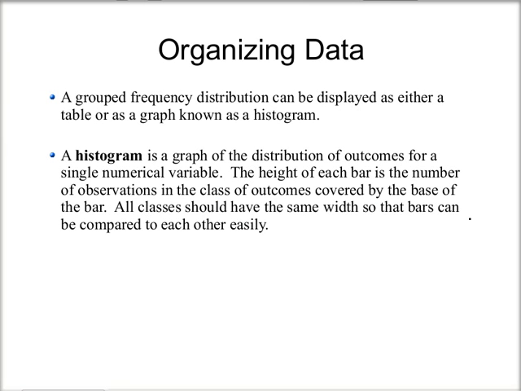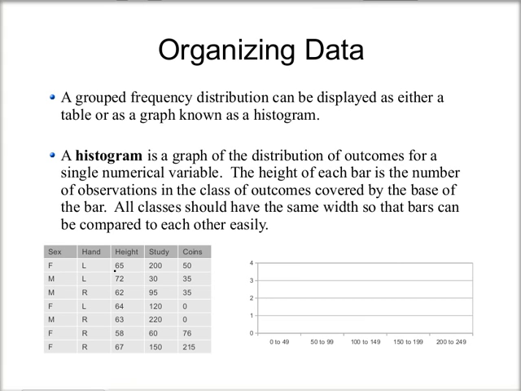So now that we've got some numerical ways to organize data, we want to look at a graphical way to organize data known as a histogram. So a histogram is a way of displaying the data that you saw in the grouped frequency distribution. So let's look at an example of that.